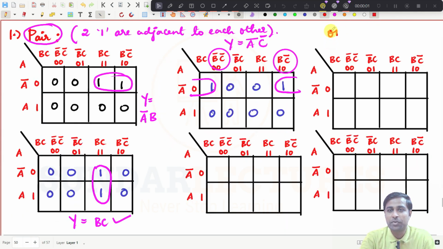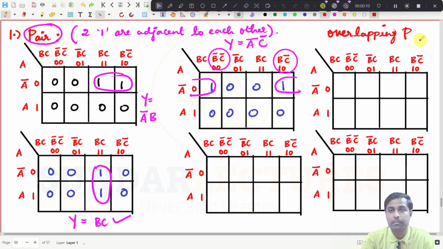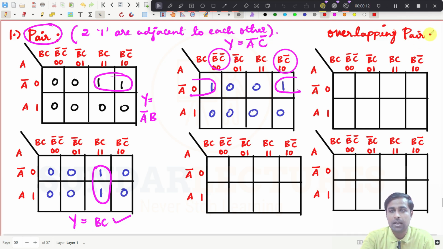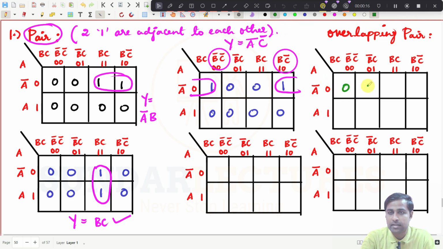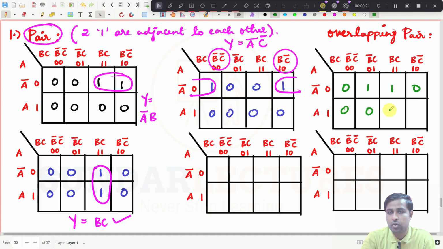Now I am going to explain the overlapping pair. What is an overlapping pair? For example, if I have an output like this: 0 1 1 0 0 0 1 0. I have the ones like this.